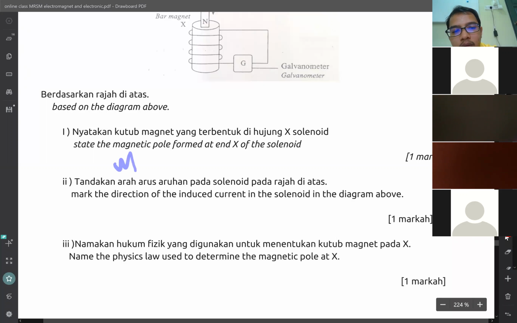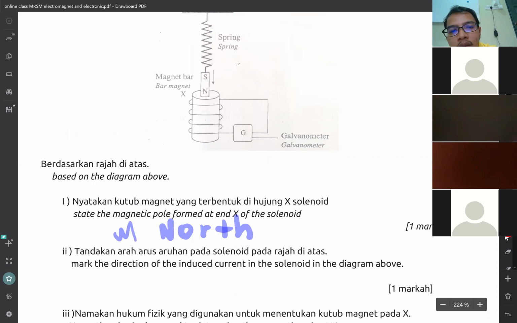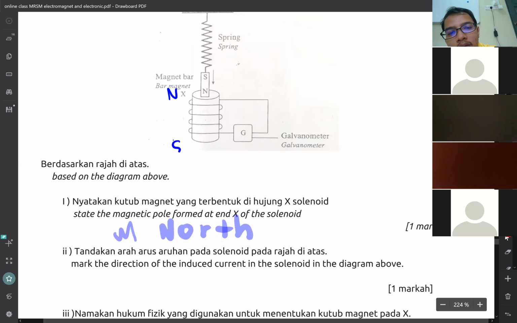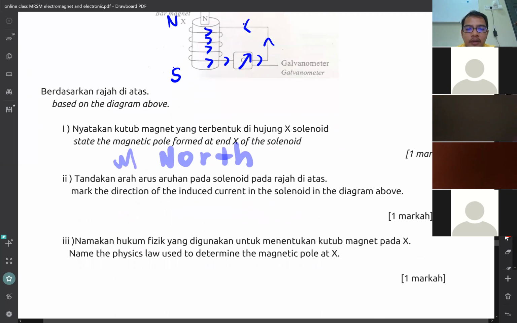So this is north, so this is south. Use your right hand grip. The question doesn't ask you to draw the deflection in the galvanometer. It only asks you to draw the direction of induced current.